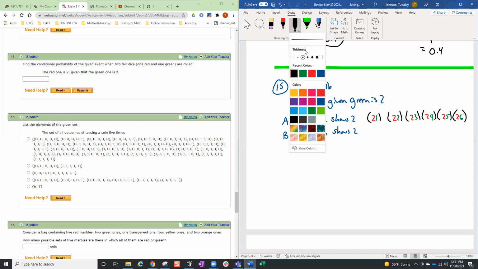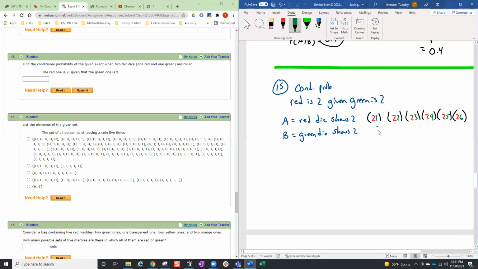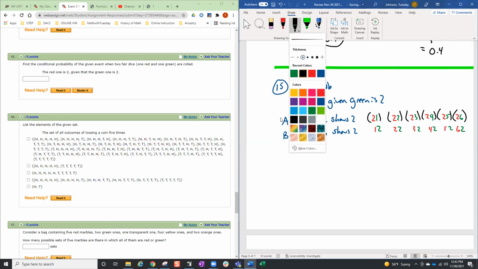Now our green die shows a 2. Means the red die could be a 1, a 2, a 3, a 4, a 5, or a 6. Now we know that all of these, there's a total of 36 outcomes.